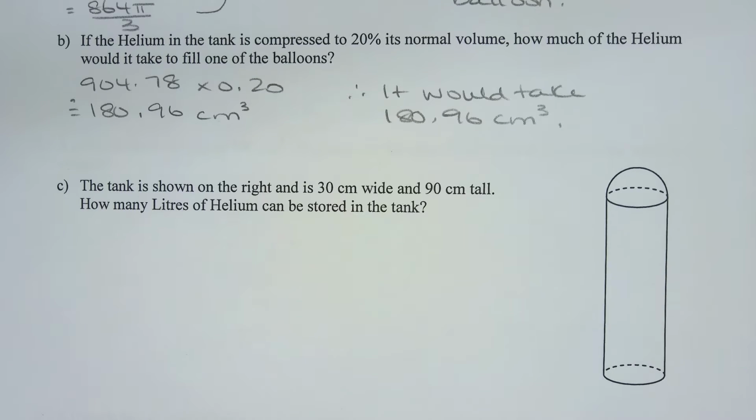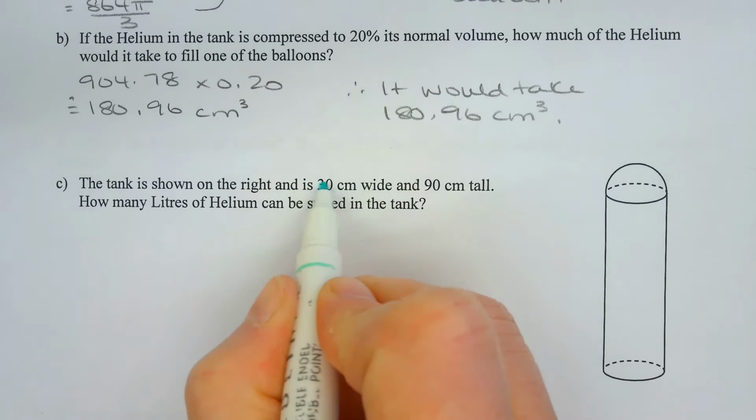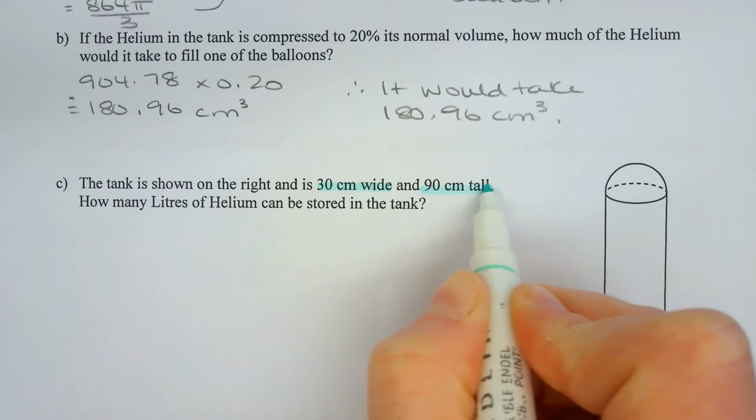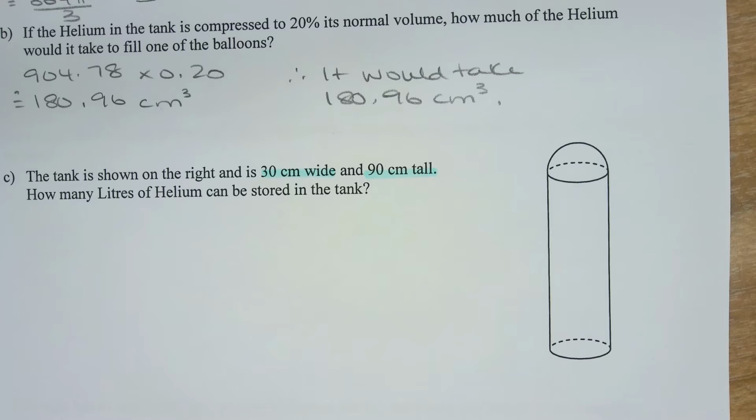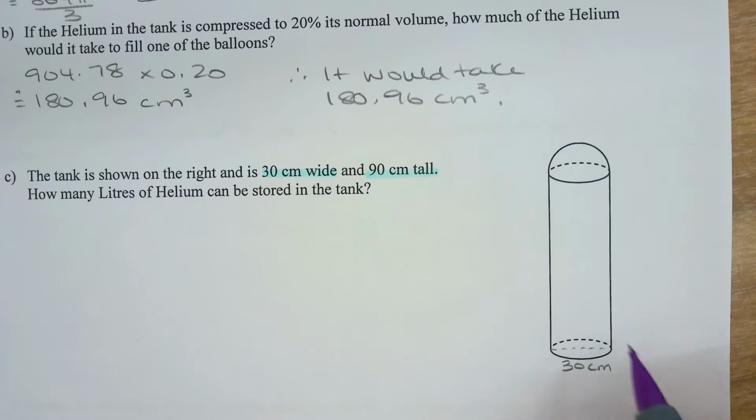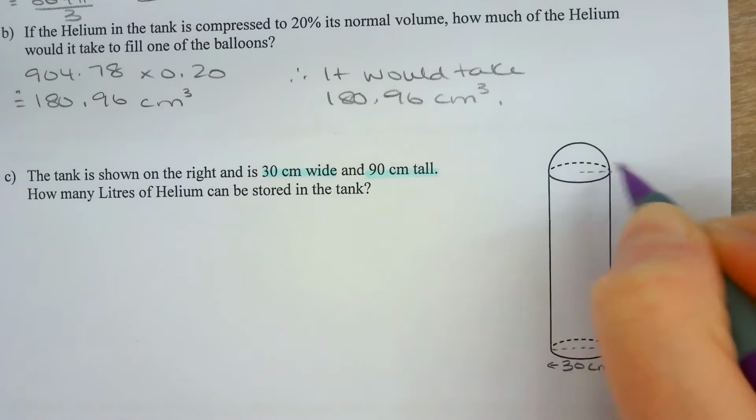Okay, if we look, we have the tank shown on the right, and it is 30 centimeters wide and 90 centimeters tall. And we want to know the number of liters of helium. So let's go over to our diagram, and we're going to label that. It is 30 centimeters wide, which means the radius is 15.